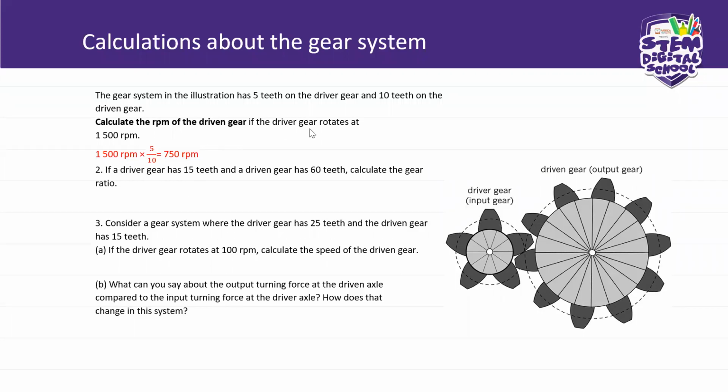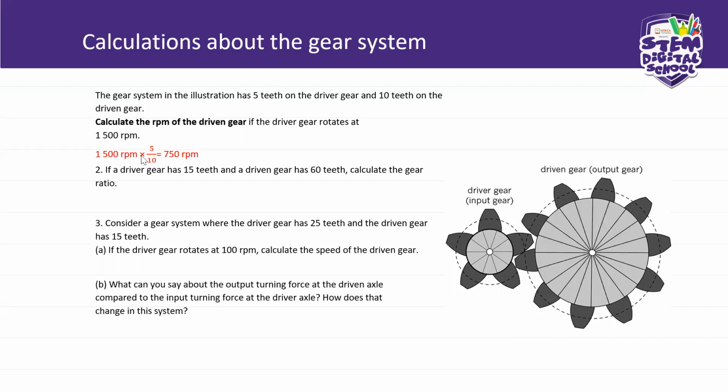So we are given here, calculate the revs per minute of the driven gear if the driver gear rotates at 1,500 revs per minute. RPM is revolutions per minute.